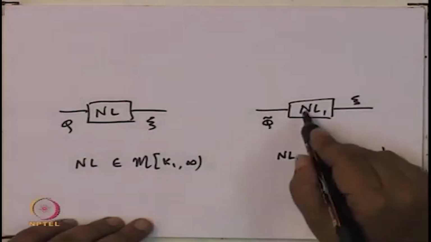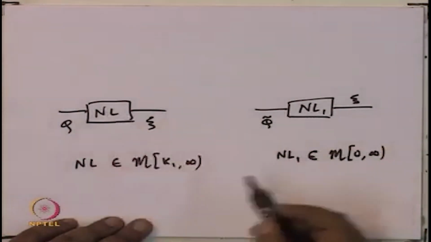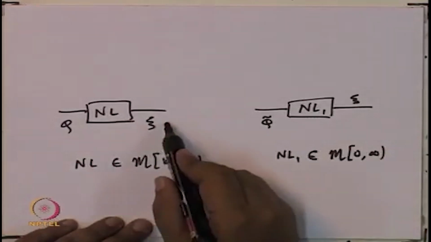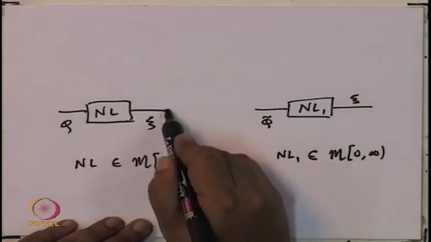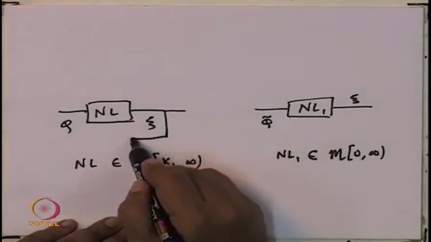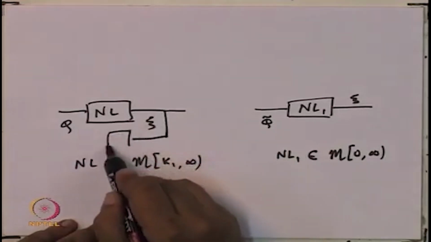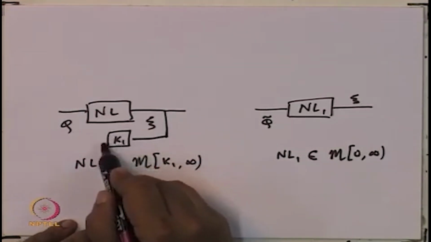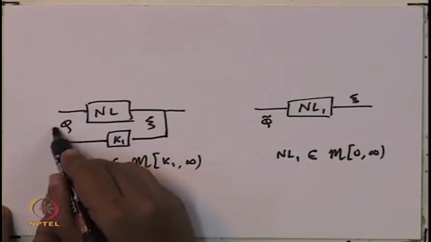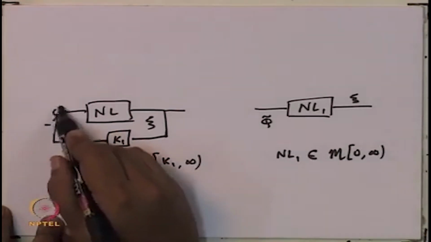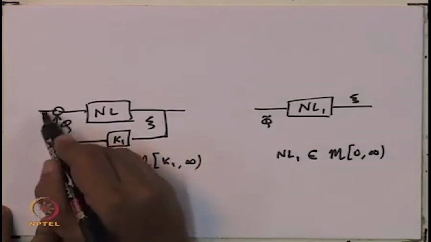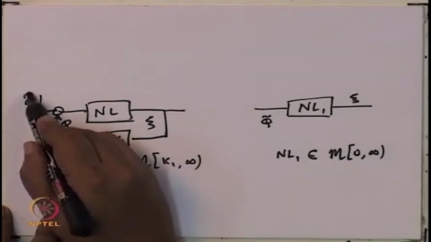Now, how does one get this NL1 from this NL? We just saw earlier that one way is by using this feed forward, where you take this gain K1 and feed it there, and therefore what you have is phi tilde.